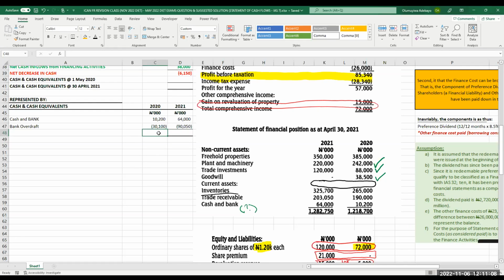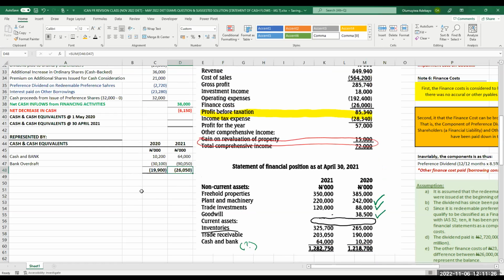Okay, therefore, what do I have? 19,990. Now I need this 19,990 at my opening in 2020. And I come here, I bring it down.